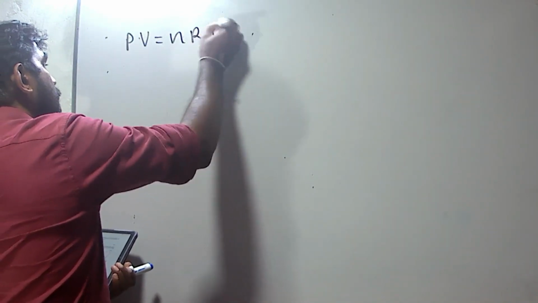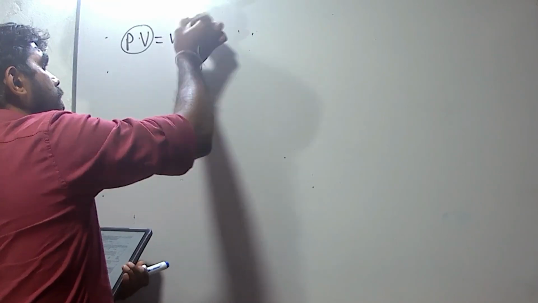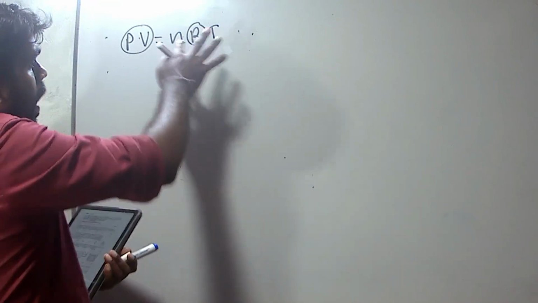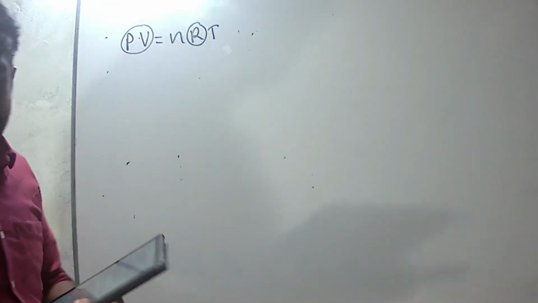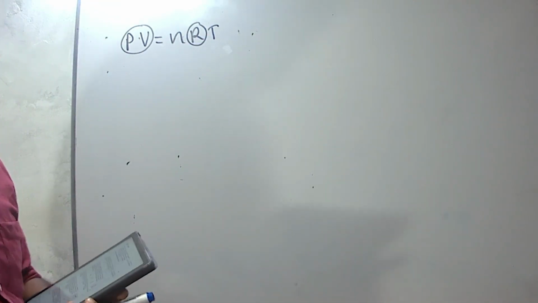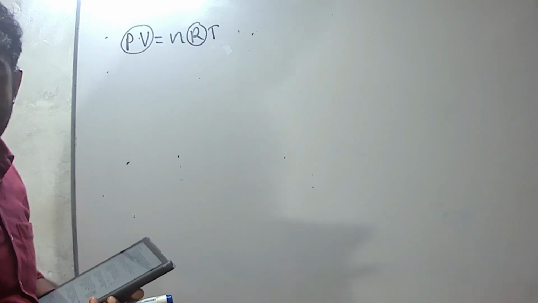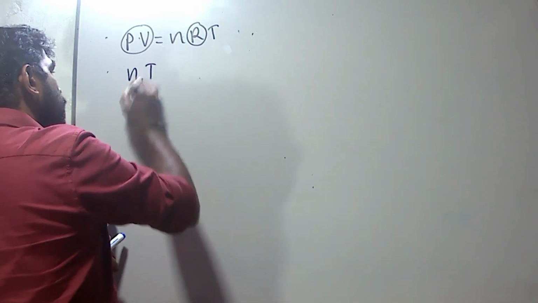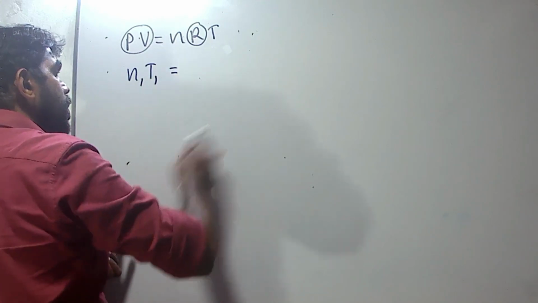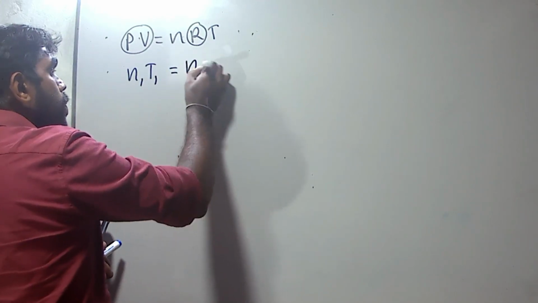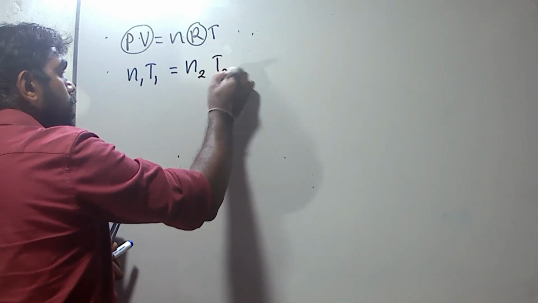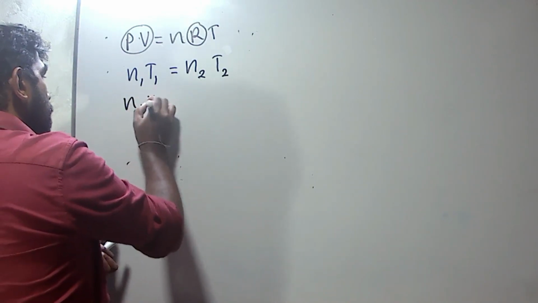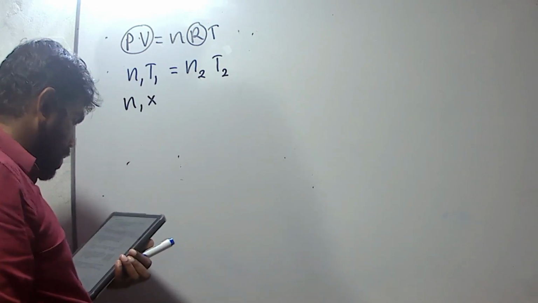Then PV equals nRT, PV constant, R constant. Then the NT product for both situations should be constant. Then I will consider number of moles times initial temperature should be equal to number of moles times final temperature. Initial number of moles N1, initial temperature is 100 degrees.